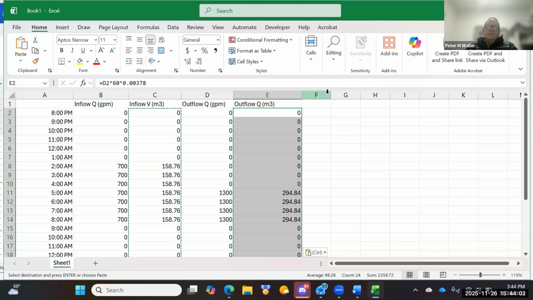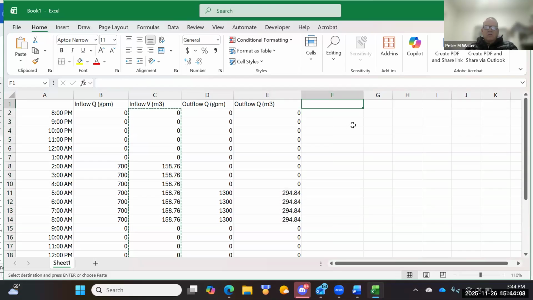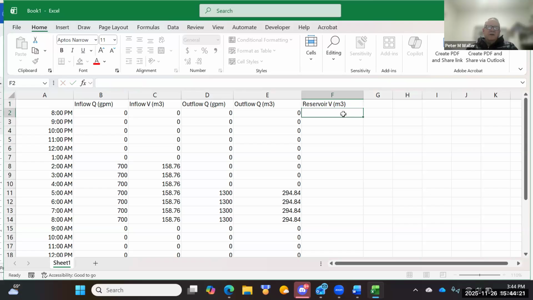And now I need my reservoir volume, in cubic meters. So I'm going to start it at 0, so it's not going to have anything in it in the middle of the night.